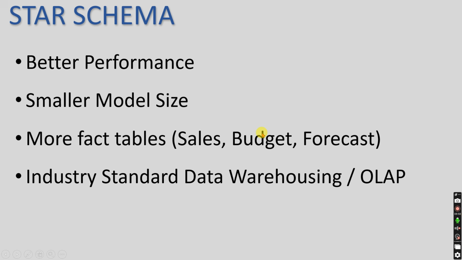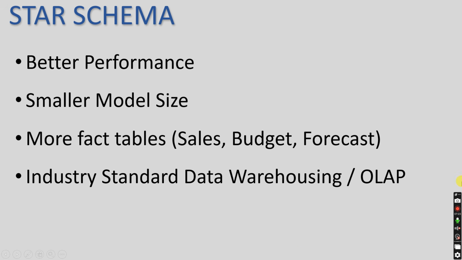So you will combine fact table 1 with fact table 2 with this star schema. Unless you have a star schema, you cannot compare against different cross-functional areas. Then this is the industry standard for data warehousing and OLAP implementation. I hope these are the various purposes you will use the star schema for.